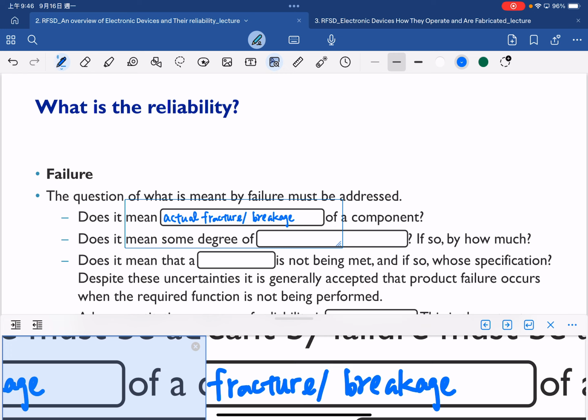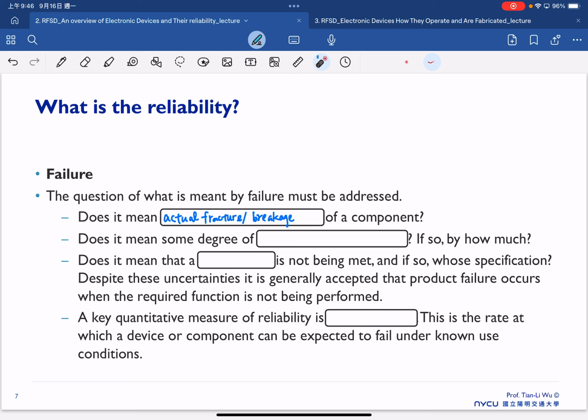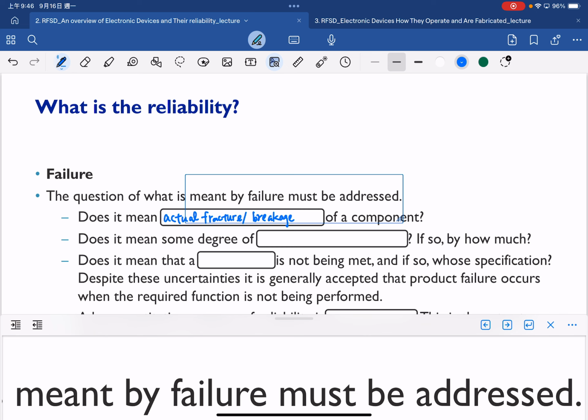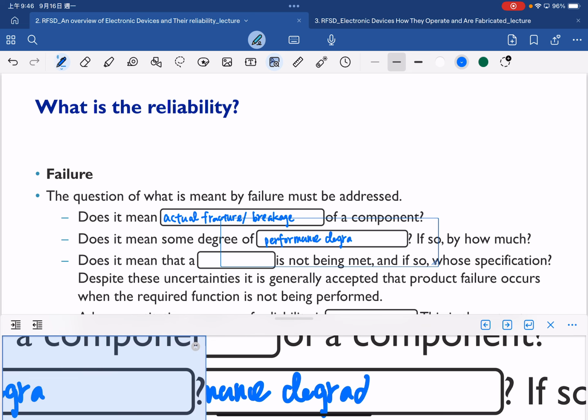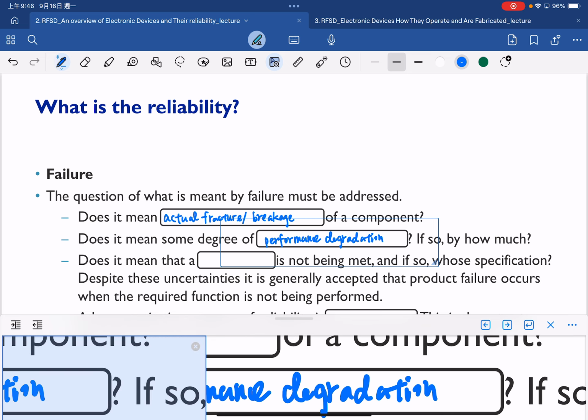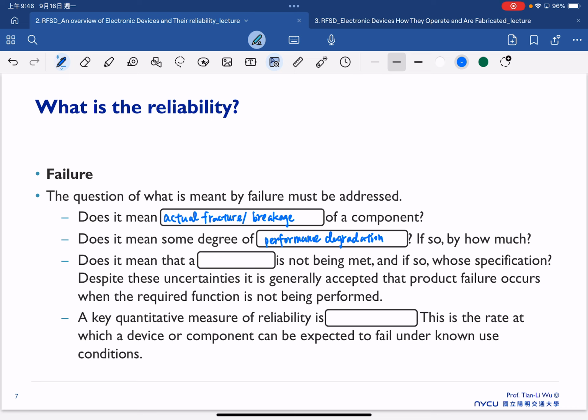So the second one, does failure mean some degree of performance degradation? This can be more interesting for us.